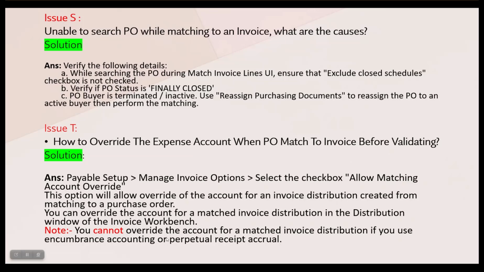Again, you cannot override the account for a matched invoice distribution if you use encumbrance accounting or perpetual receipt accrual. Other than that, you can update the distribution account, but you have to enable and notify this.